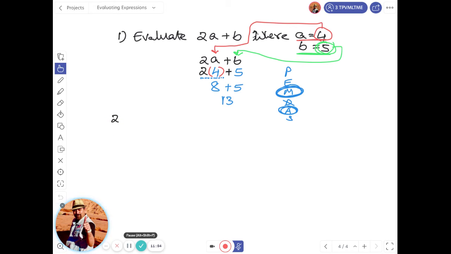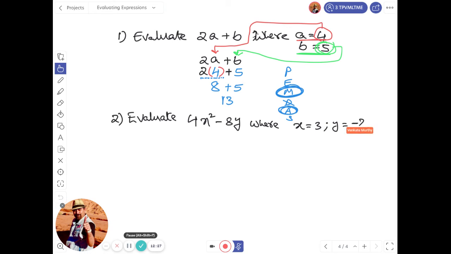Let's say that you are asked to compute, evaluate maybe 4x square minus 8y, where x equals 3 and y equals negative 2.